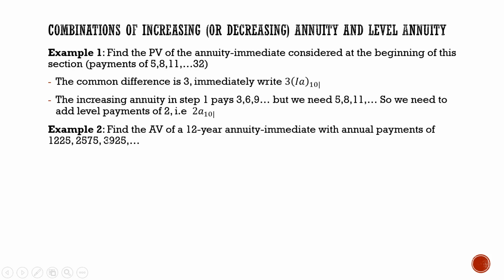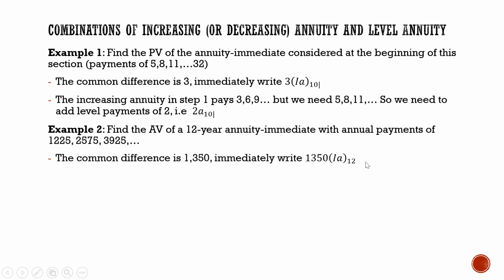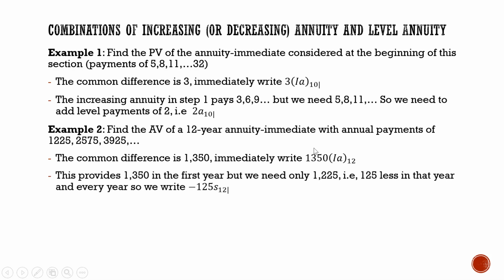Similarly for example 2, find the accumulated value of a 12-year annuity immediate with annual payments of 1,225, 2,575, and so on. Here the common difference is 1,350. So we immediately write out 1,350 I-S-12, and this annuity provides $1,350 in the first year, but we need only 1,225, so we need 125 less.